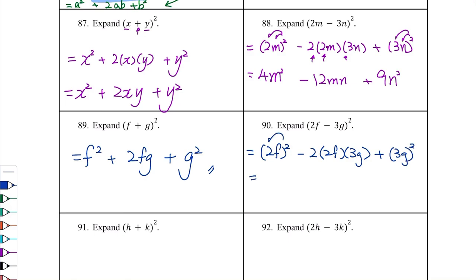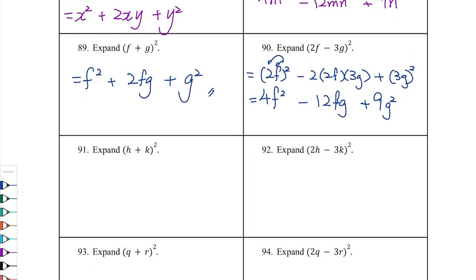So square is given to both of them. So 4f squared. 2 times 2 times 3 is 12fg. And then 3 times 3 is 9g square. The square given to g as well. Okay, let's just continue then.